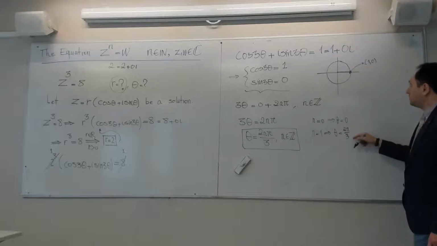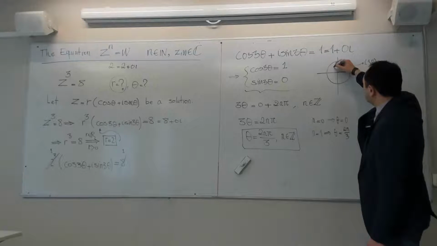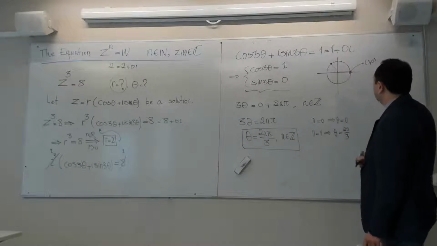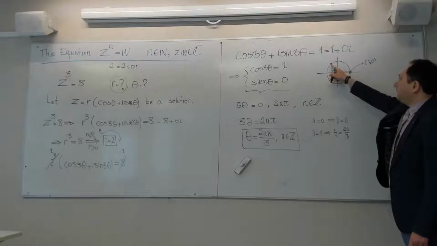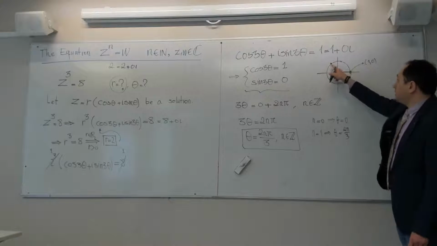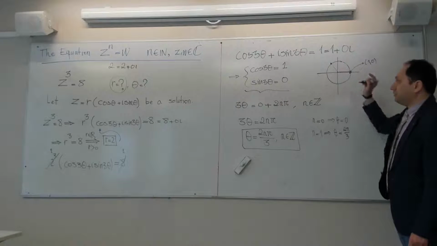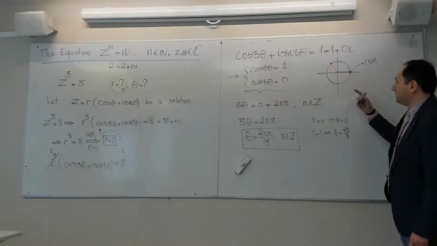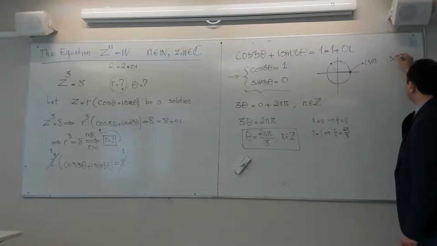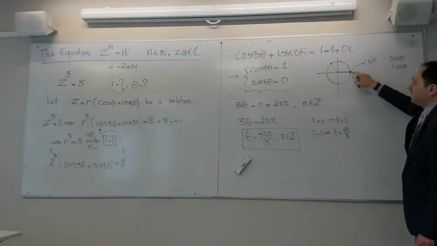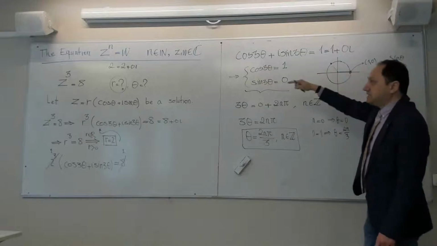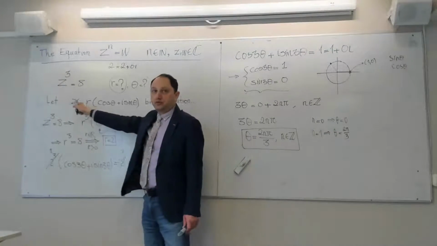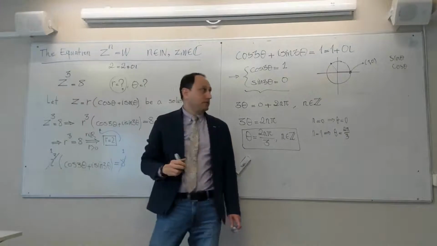It is 120 degrees, more or less something here. Do I need this point? Yes, because the final point is different. When the final point is different, it means sine theta and cosine theta are different numbers than the numbers here. This means that I get a new number for z because sine and cosine are different.